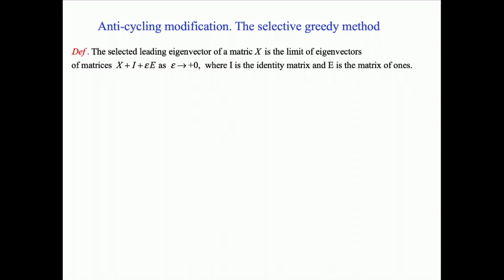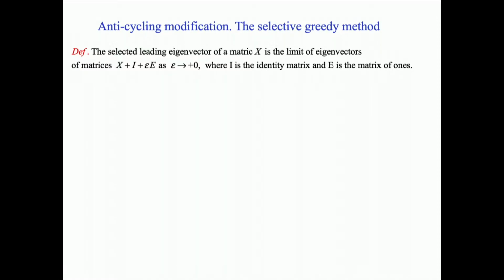This can be every rank 1 matrix. Not necessarily the matrix of ones, but for the sake of simplicity, let's take the matrix E and multiply it by a small number epsilon. Of course, after that, the matrix will be totally positive, and it will have a unique leading eigenvector up to normalization. Very good. And then we take epsilon tends to 0.